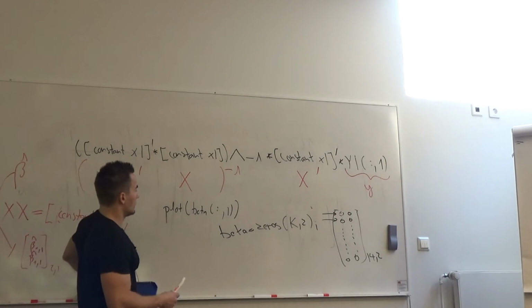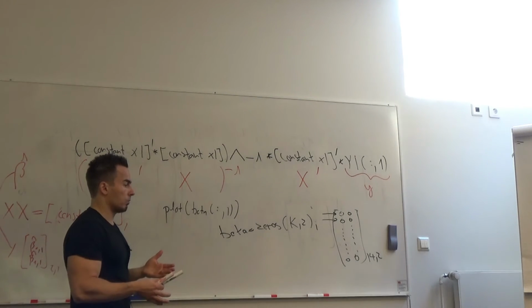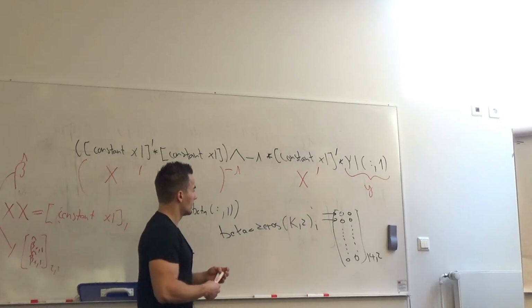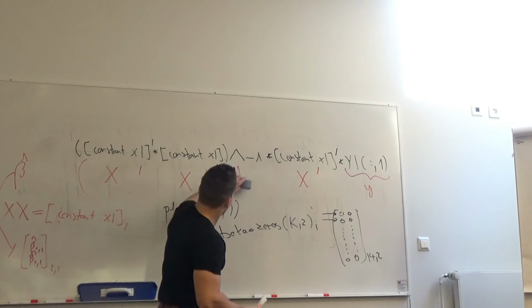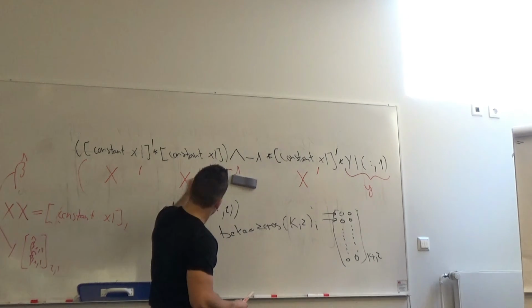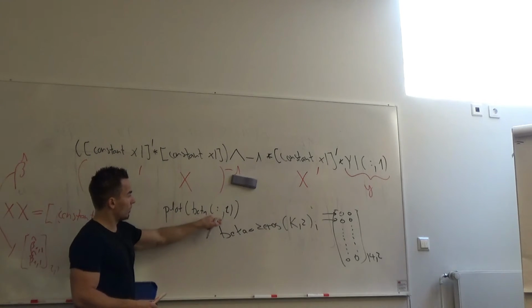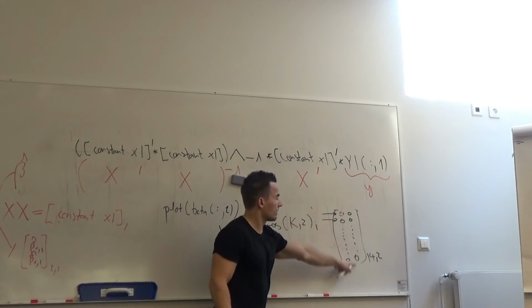It could also be that you would like to see, okay, what about your data sample? What about the distribution of the betas? Then you could write plot in parentheses beta, colon comma 2. Then it plots what is in the second column.